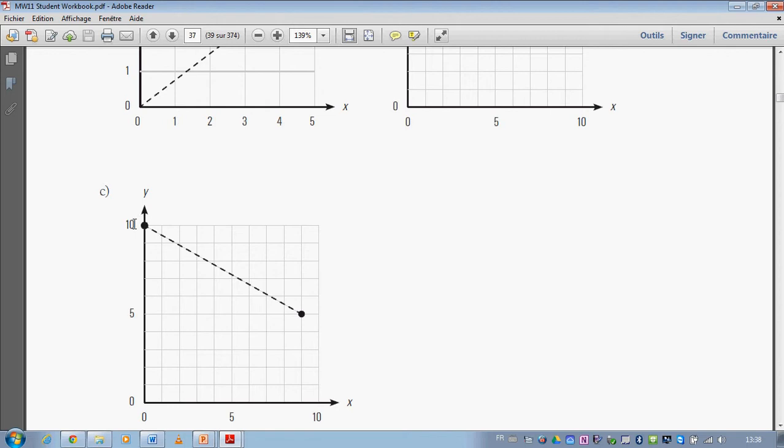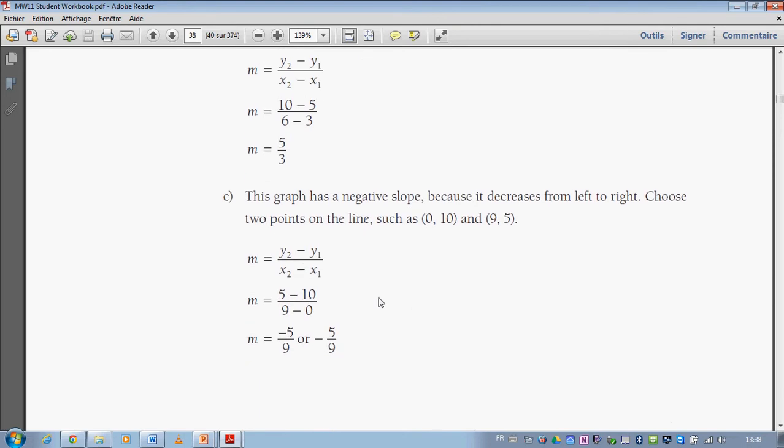So we can say that's negative 5, and it goes from 0 to 9. And I can see that this is 9 because it's one right before 10 there. So it dropped by 5 vertically, and then it goes horizontally 9. So here your slope is negative 5 over 9. There's no common factor here, so you would have to just leave it like that.